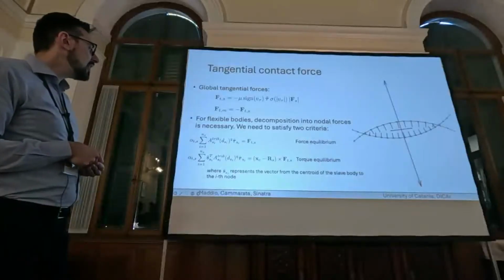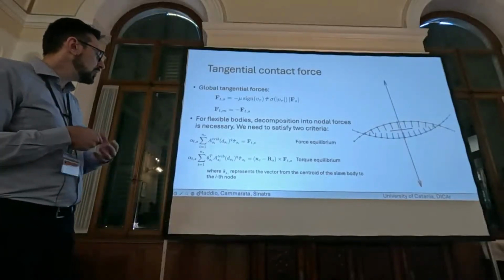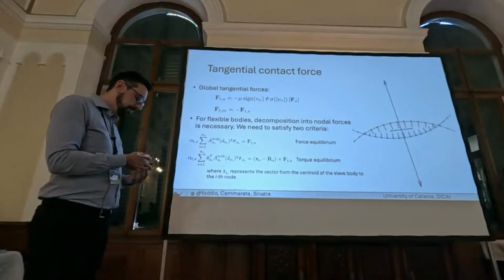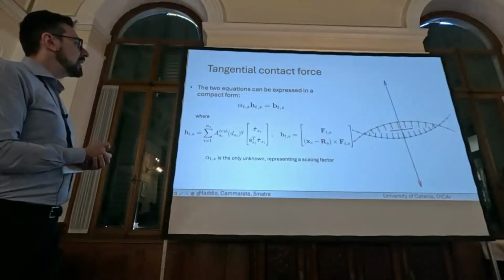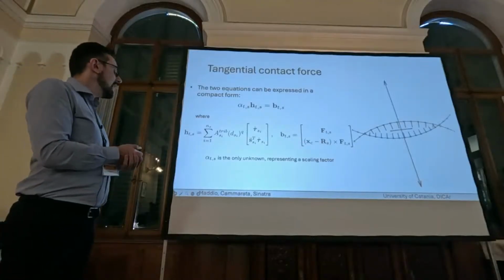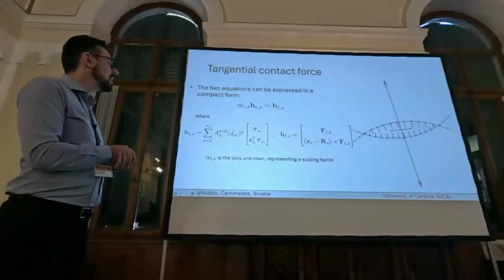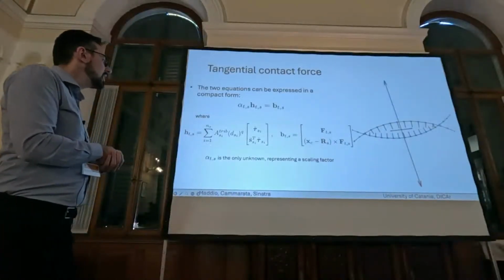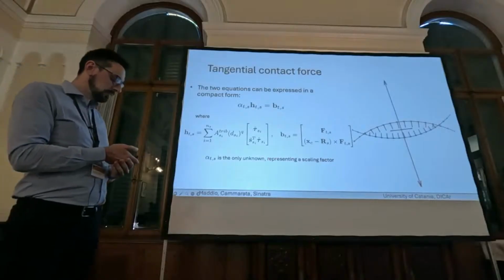And this si represents the vector from the centroid of the slave body to the ith node. Also here we can have a compact form. And again, here we have the only unknown, alpha tangential, that represents a scaling factor.